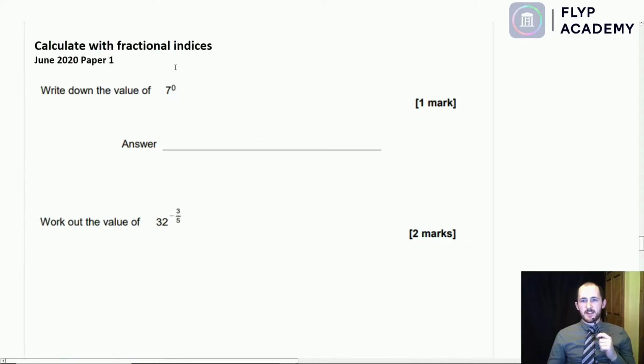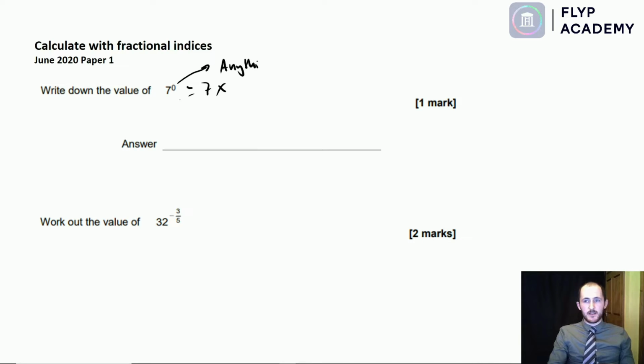In a similar vein, they can ask you about calculating with indices, in particular, fractional indices. So first of all, 7 to the power of 0. This is one that students always forget. They usually write something like 7. Not correct. Anything, and I mean anything, to the power of 0 is equal to 1.